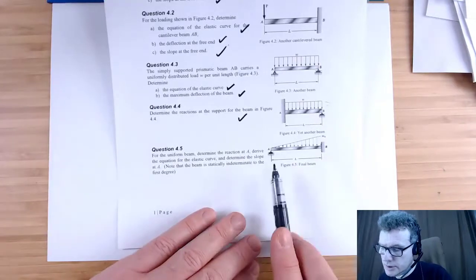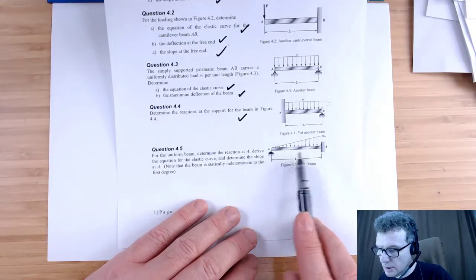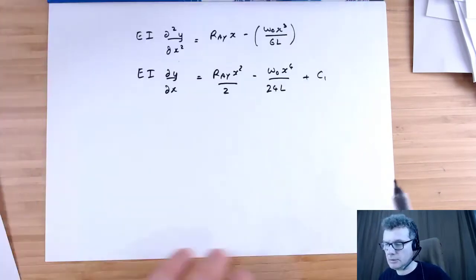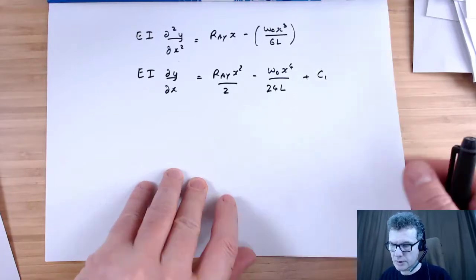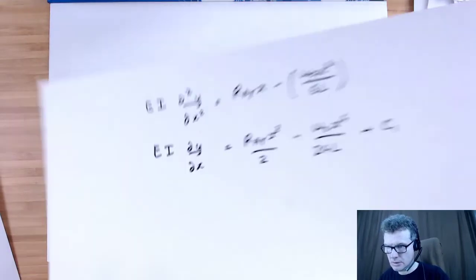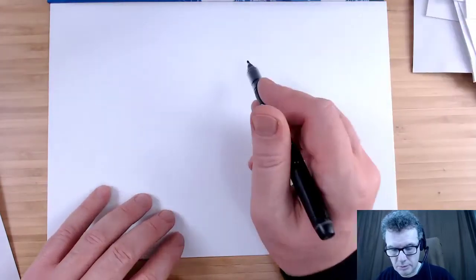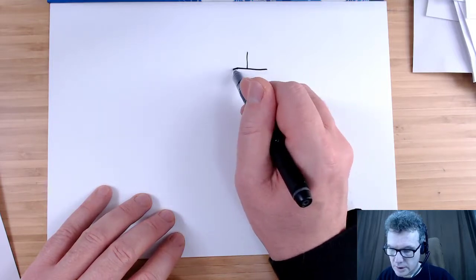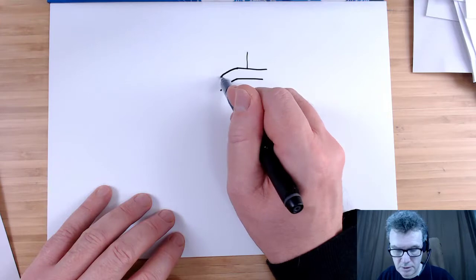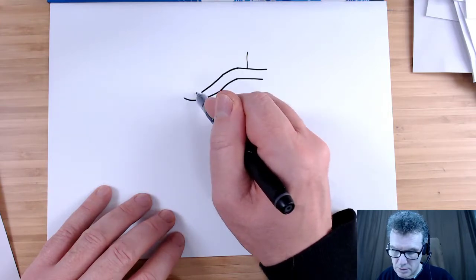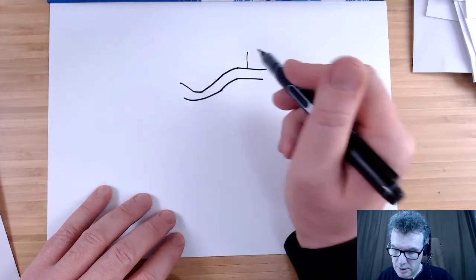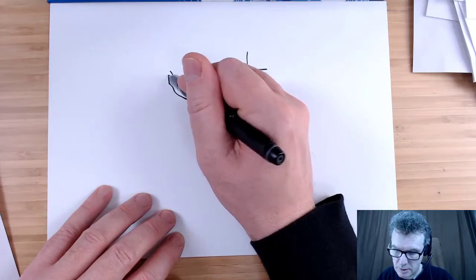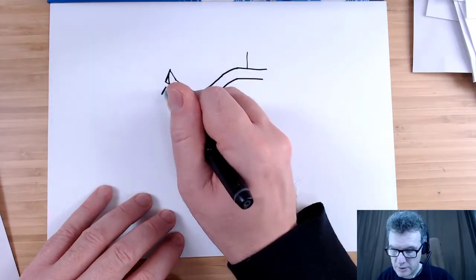So boundary conditions I could apply. The only boundary condition I can see here for this problem is, let's go to another page, this problem would be such that, because this is fixed to the wall, it's going to drop down here, and then it's going to be pushed back where that pivot is.